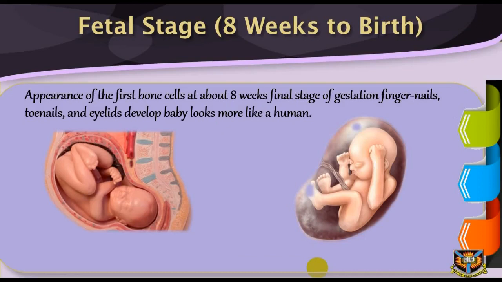Fetuses are not passive passengers in their mother's wombs. They respirate, kick, turn, flex their bodies, do somersaults, squint, swallow, make fists, hiccup, and suck their thumbs. All these activities do not occur in a vacuum.